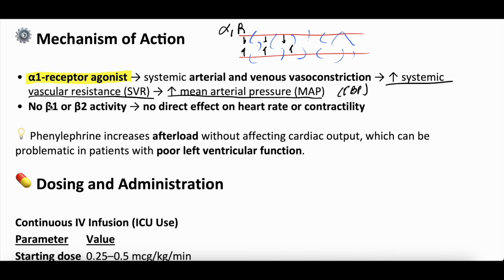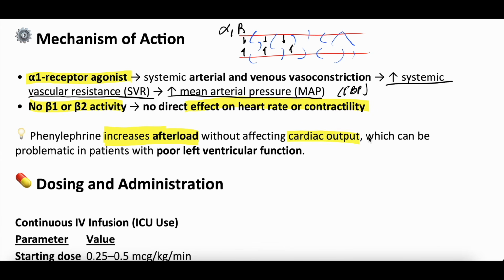It does not have any beta-1 or beta-2 activity, so there's no direct effect on heart rate or contractility. But the thing to note here is that since it's a pure alpha-1 receptor agonist, it does increase the afterload, so it increases the resistance the heart has to pump against. And this is without at all increasing the contractility.